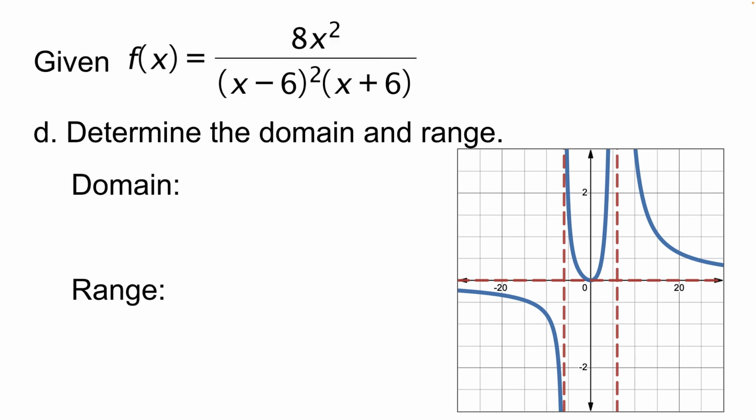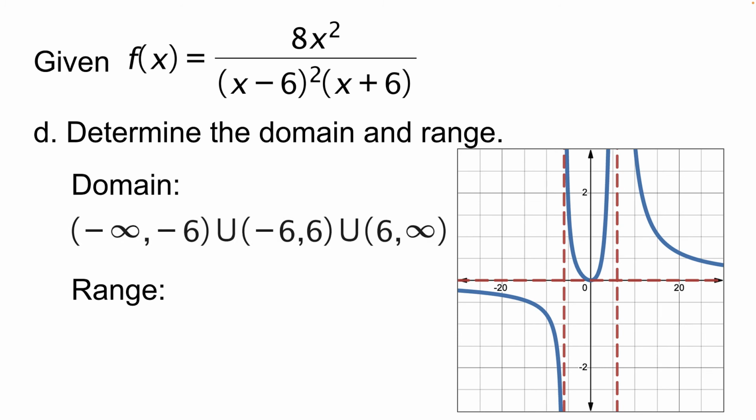Let's finish this problem by finding the domain and range. For rational functions, we find the domain by starting with all real numbers and eliminating the points where the denominator is 0. So for this problem, our domain would be all real numbers except those 2 vertical asymptotes where x was 6 and -6.